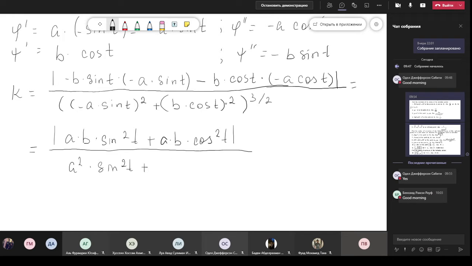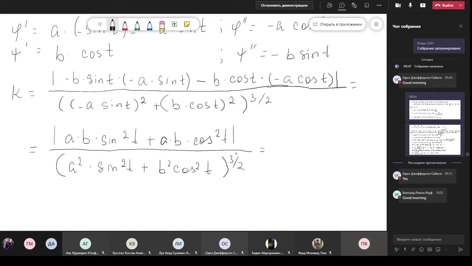Plus b squared times cosine squared. Then our big bracket and our degree 3 over 2.